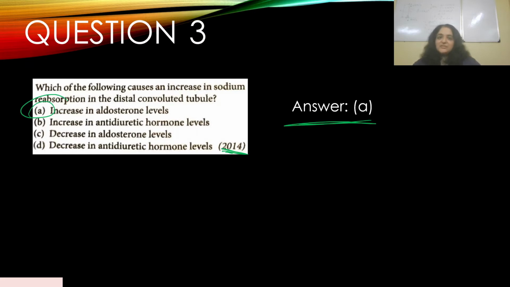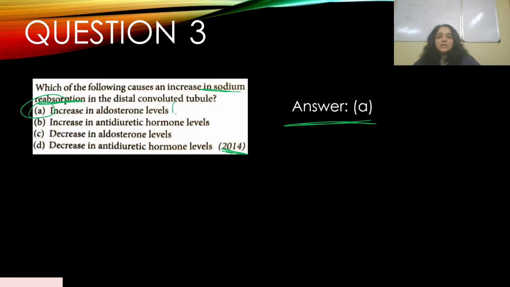Clearly, aldosterone plays a role in the principal cells of the DCT and cortical collecting tubules. This is the main site for aldosterone to act on. When there's an increase in aldosterone levels, there's an increase in sodium reabsorption. And when is aldosterone secreted? It is activated by angiotensin 2. And when is it secreted?